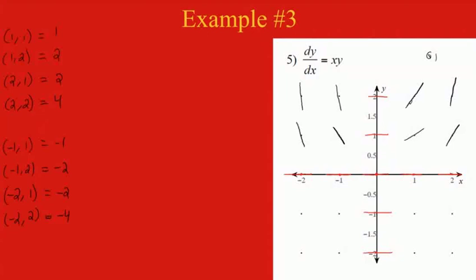Going down in quadrant 3, we'll find those values are actually going to be the same as the quadrant 1s, because since they're products, since they're both negative, we're going to get back to the same positive slope.